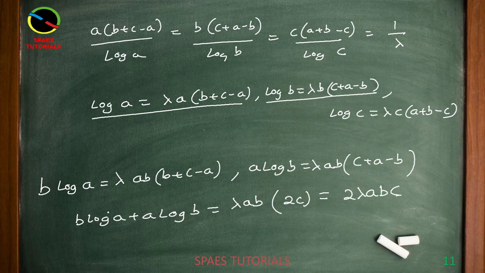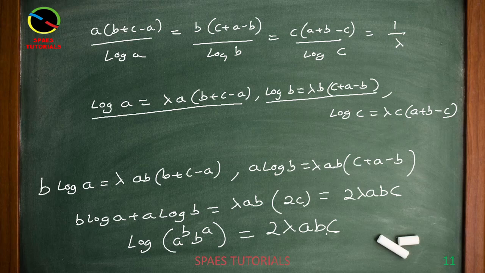Sir, b log a plus a log b is nothing but log of a^b into b^a, that is equal to 2 lambda abc. Do you understand how we are bringing from the question? We should really study the question properly, then we can do the solution in a high class way. Otherwise we will be doing donkey work always.